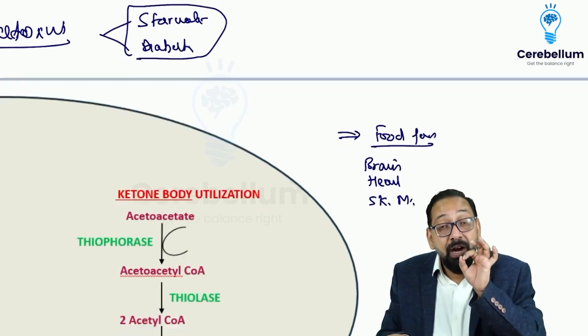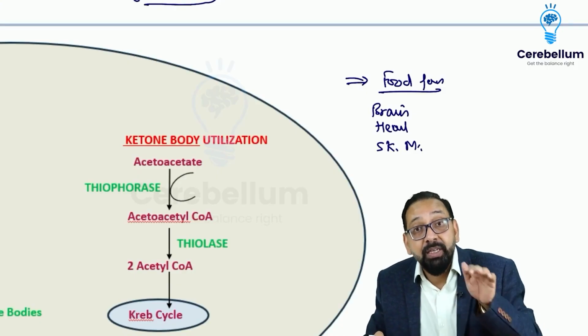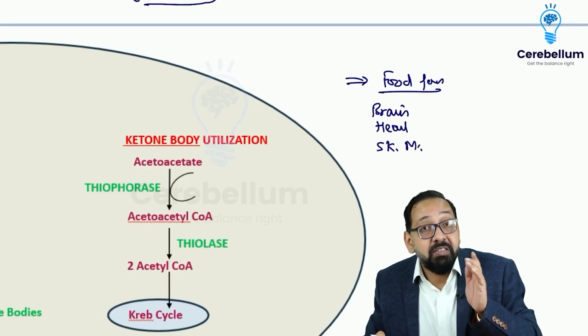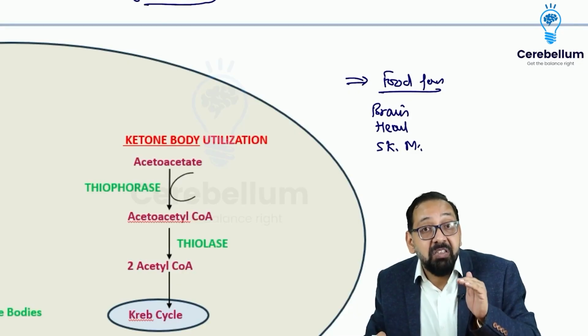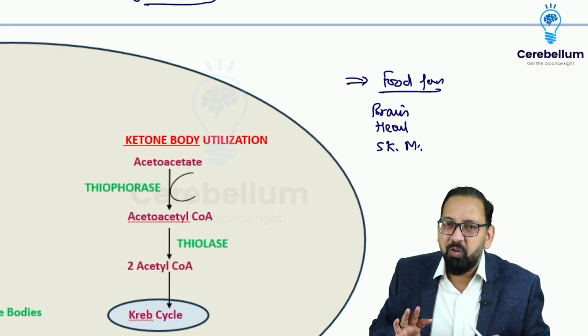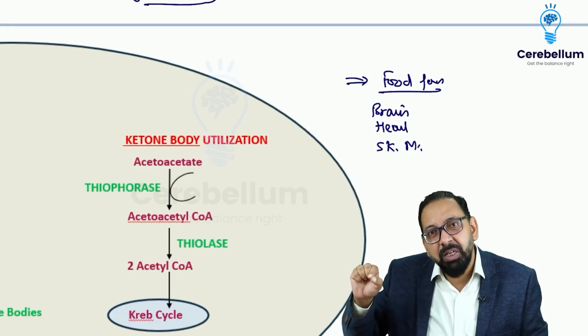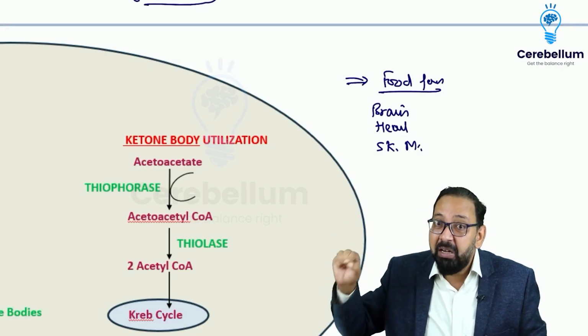That's why in starvation the liver synthesizes ketone bodies, because the liver is the main organ of metabolism. It is the responsibility of the liver to synthesize ketone bodies for these most vital organs.